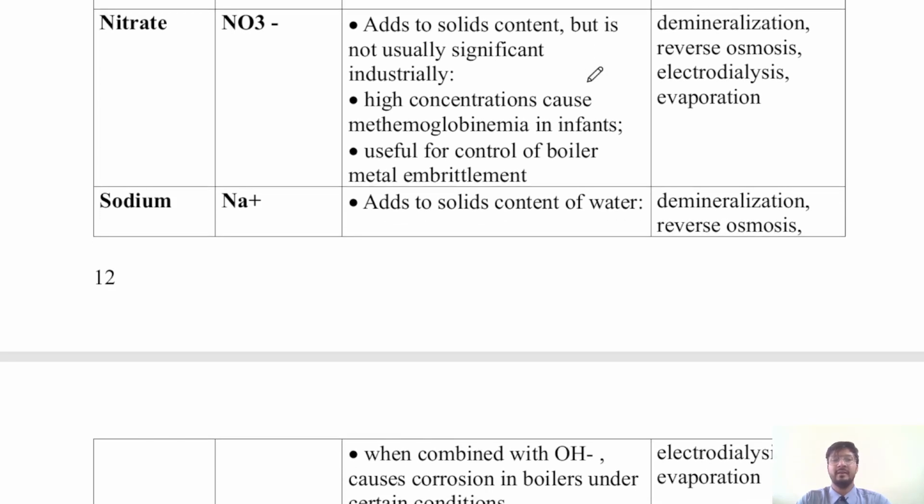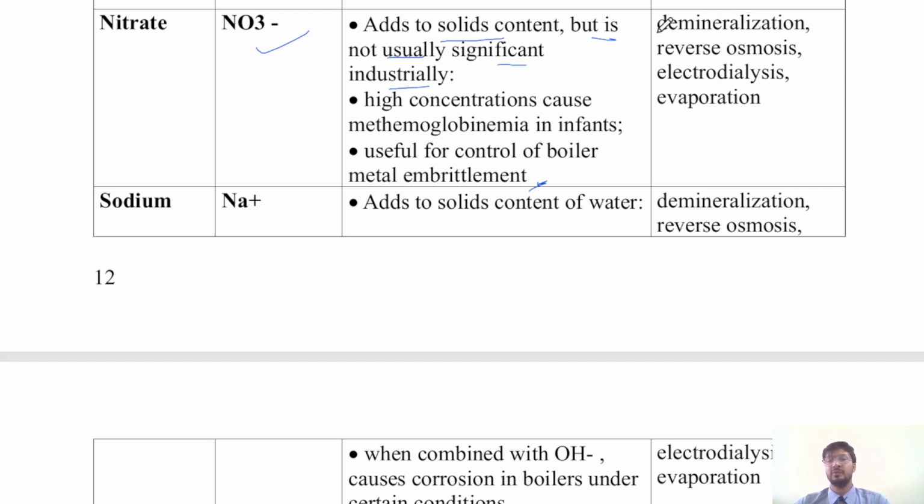And another is nitrate. Nitrate is NO3 minus. It adds to solids content but is not usually significant industrially. If the concentration is high, it causes methemoglobinemia in infants, though it is useful for control of boiler metal embrittlement.